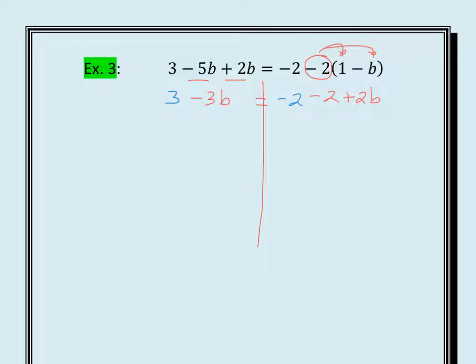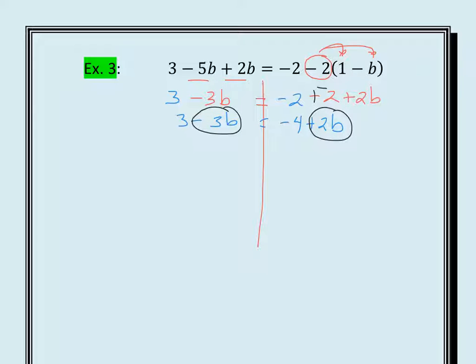So remember, if you keep change, you have a negative 2 plus a negative 2, which equals a negative 4 plus the 2b. So that's what your right side cleans up and looks like after it's all nice and pretty. And then the left I can't do anything with, so we're just going to bring down the 3 minus 3b. So we have a variable term on both sides.